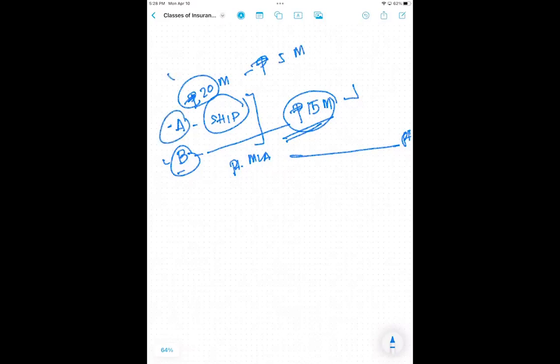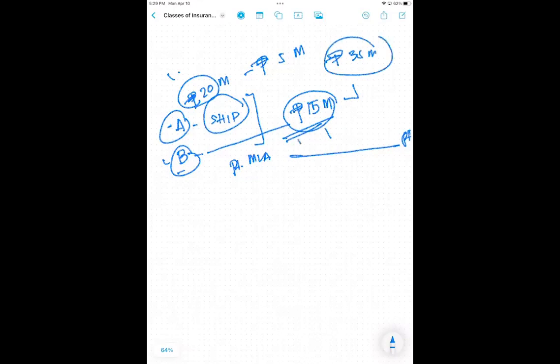Because what will happen in case the ship got lost? He will recover or she will recover 15 million from B, and if he or she is allowed to recover 20 million from the insurance company, di ano nangyari? He or she will gain 35 million. Okay, so ano gagawin ni A?